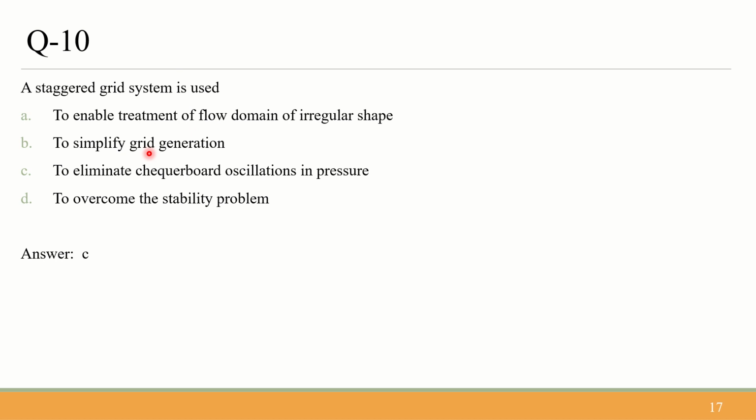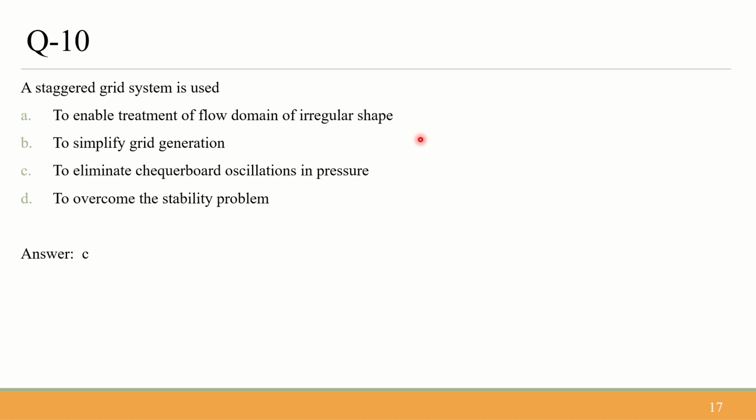If you are using a central difference approach, you take the values from the cell and the next-to-next cell, that is (p i+1,j minus p i-1,j) by 2 delta x. If it is there, we might have the same pressure and it becomes zero. So there would be fluctuations in the final solutions.